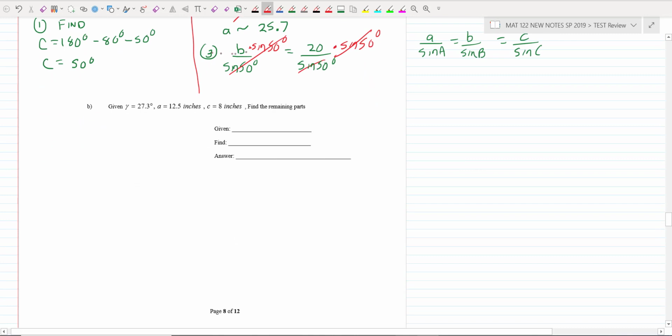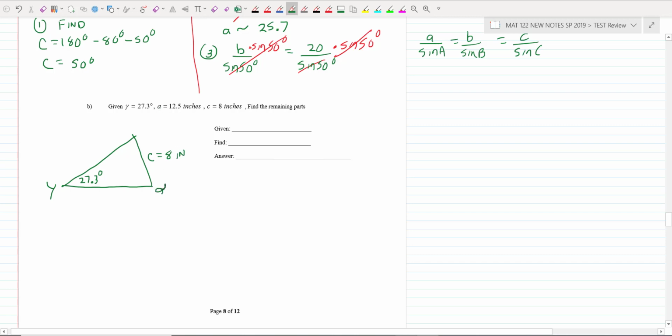Okay, so now let's go to this one. This one is just, if I ask you something without a triangle, then it's beneficial to draw a triangle. You don't really have to do a triangle, but I'm going to choose to do that. So here's my gamma, which is given as 27.3 degrees. The side opposite is C, so that's 8 inches. That's given.